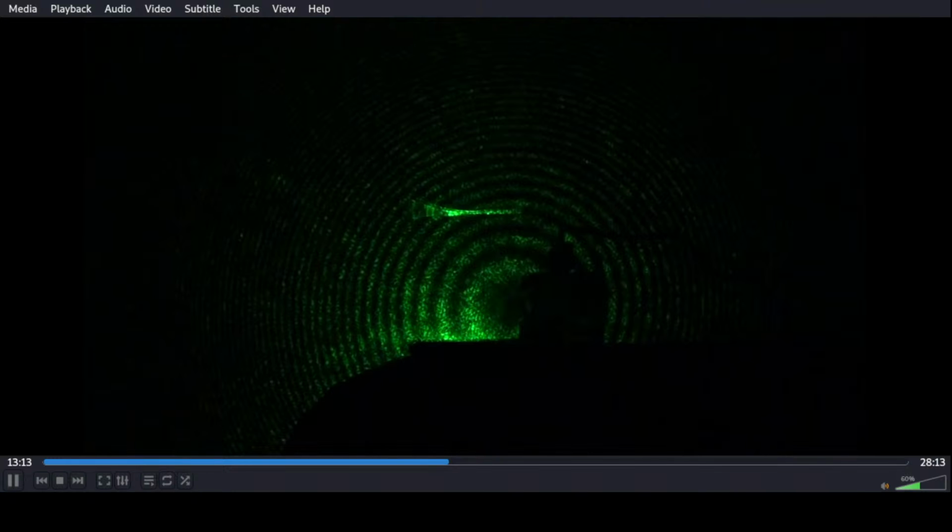The light is reflected from the front surface of this mirror glass and also from the back surface of the mirror glass, and these two waves together fall on the wall. At different points of the wall, the phase which comes from the front surface and the phase which comes from the back surface are different.